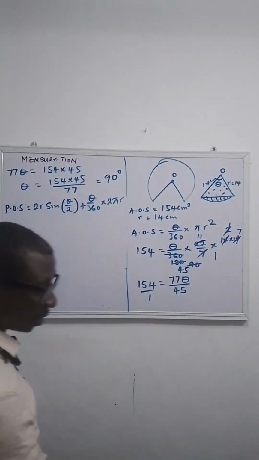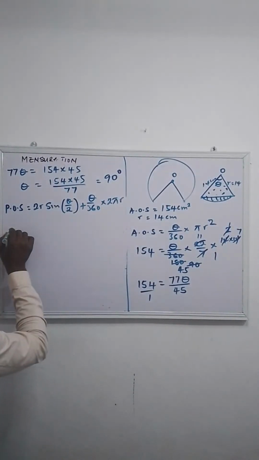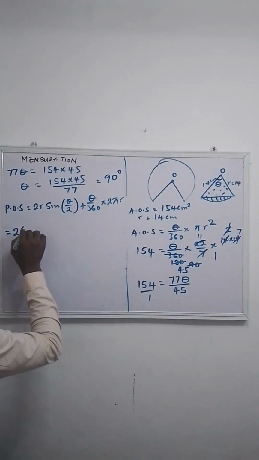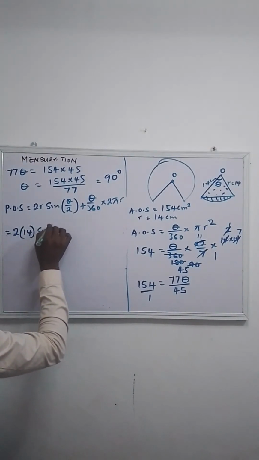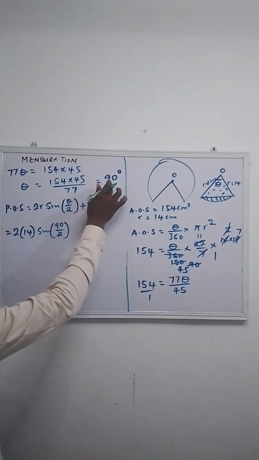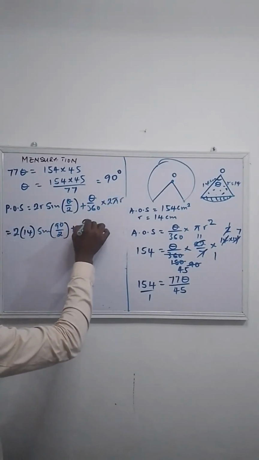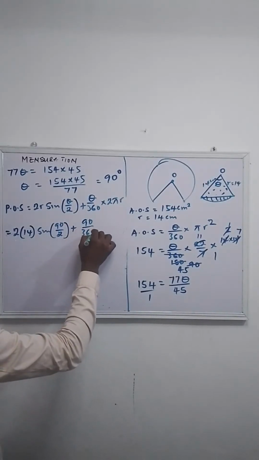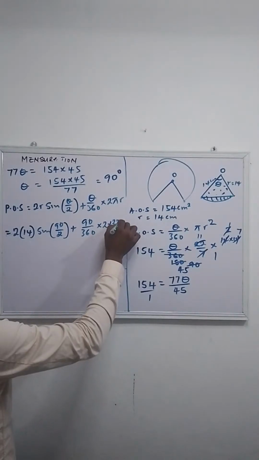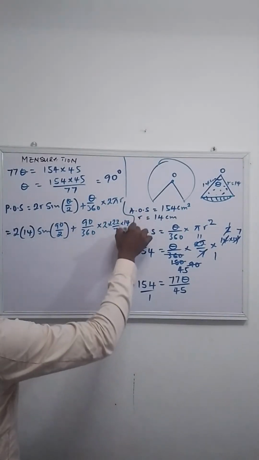So now let's plug in these values. So we have 2 times r. What is r? That's 14, sine 90 over 2, because we have gotten theta to be 90 here. So plus 90 over 360 times 2 times 22 over 7 times 14.